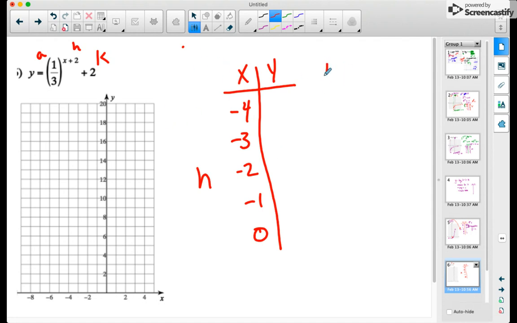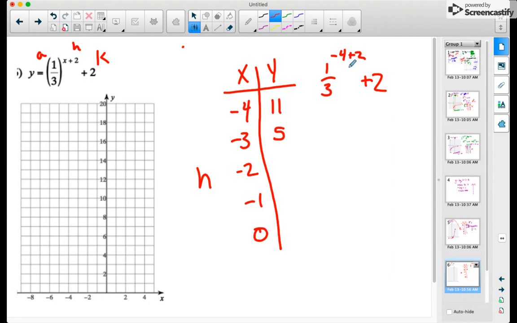So again, if you're trying to do this along with me, I'm using a calculator to figure out these numbers. I'm not just doing it. So -4 plus 2 is -2. 1/3 to the -2 power is 9, plus 2 is 11. 1/3 to the -3 plus 2 would be the -1 power. That's 3, plus 2 is 5. -2 plus 2 would be 0.